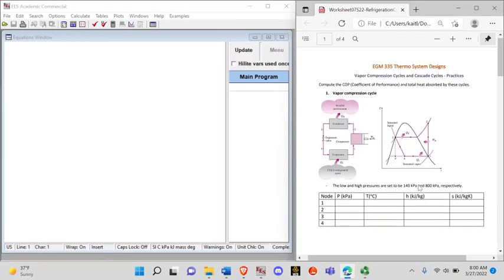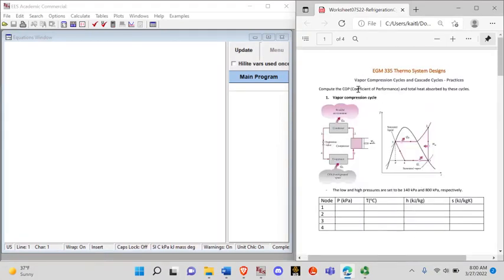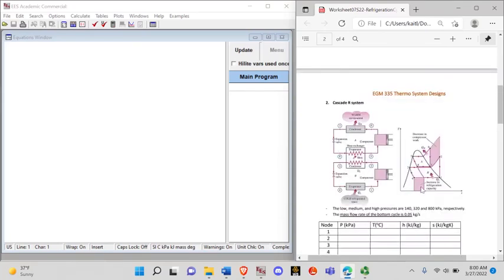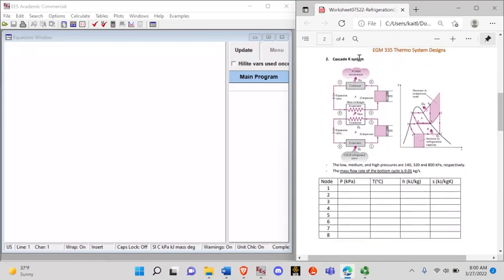Okay, so we're going to be solving the second problem in the vapor compression cycles and cascade cycles practice worksheet. The second problem is the Cascade R system. First, I'm just going to write down the cycle and the states.